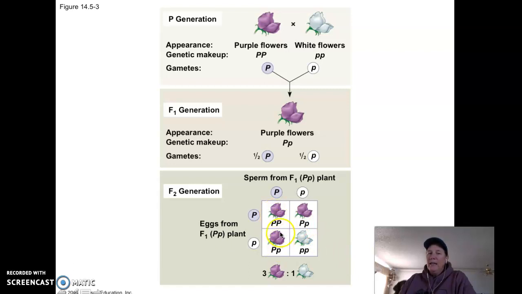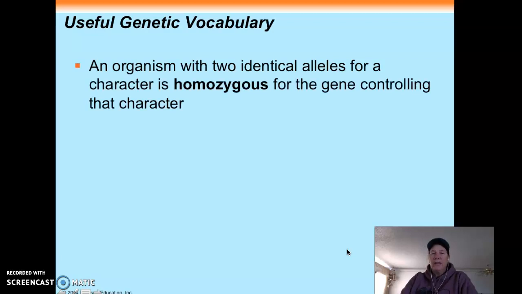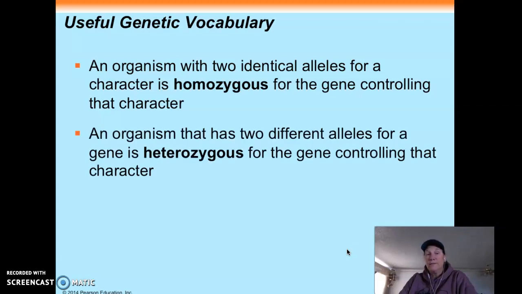Again, the phenotype is what it looks like, and the genotype is what the genes say. So the genotype ratio would be 1 to 2 to 1, but the phenotype would be 3 to 1, because it's purple to white. Some of those words I was using: if they have two identical alleles, they're called homozygous, where homo means the same. So if they're two big P's or two little p's, they're homozygous dominant or homozygous recessive.